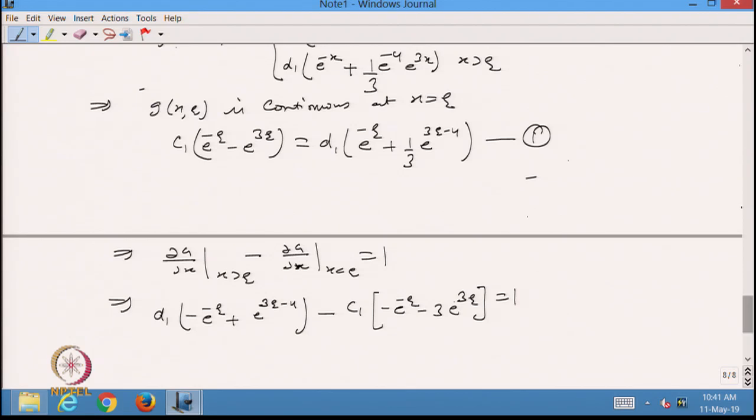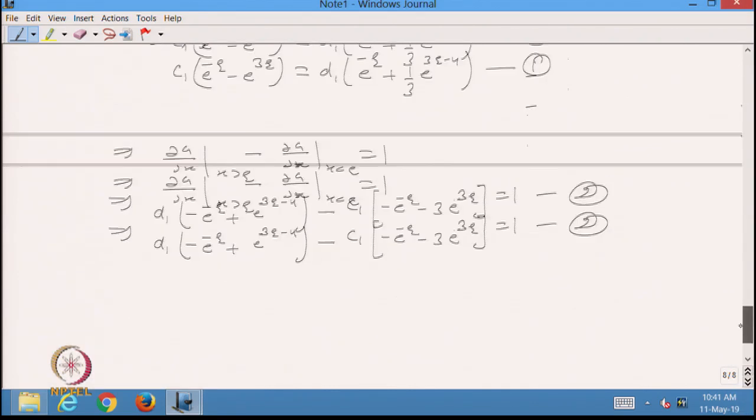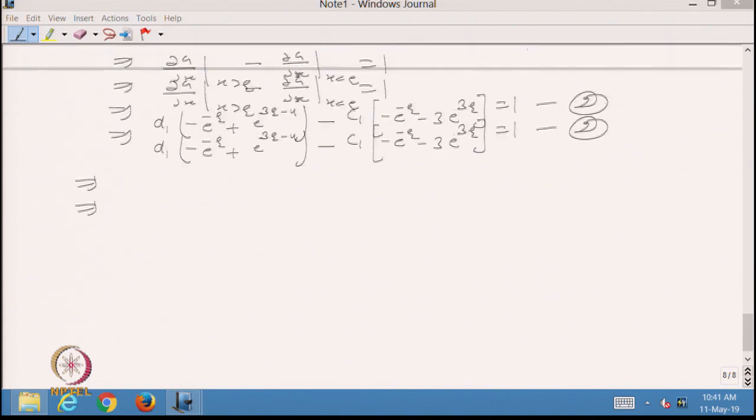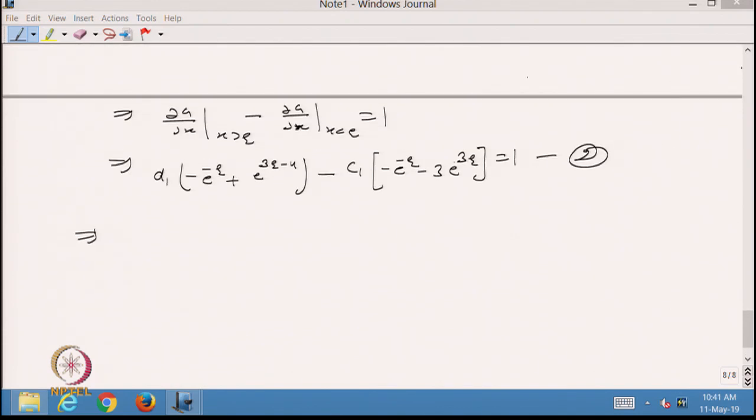So, if I solve these two equations and do some calculation, from here I can write my values of C1 and D1. So, after solving this one, I will get the value of C1. So, this one I can write directly.